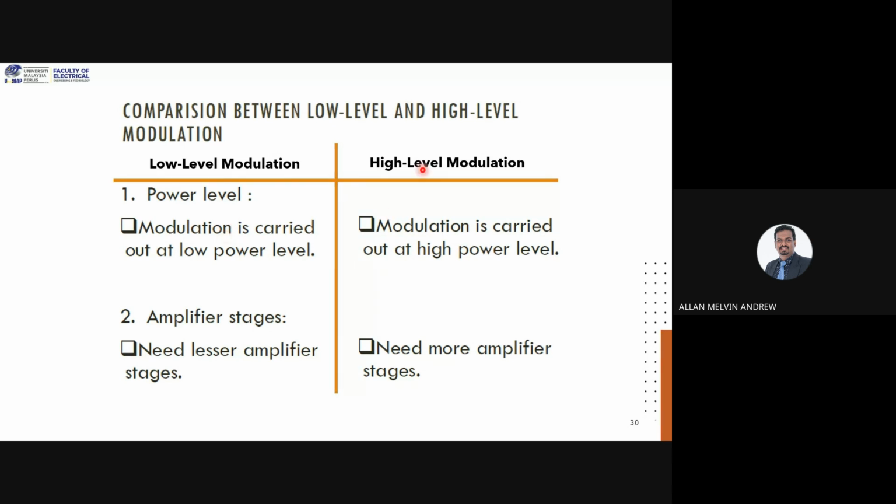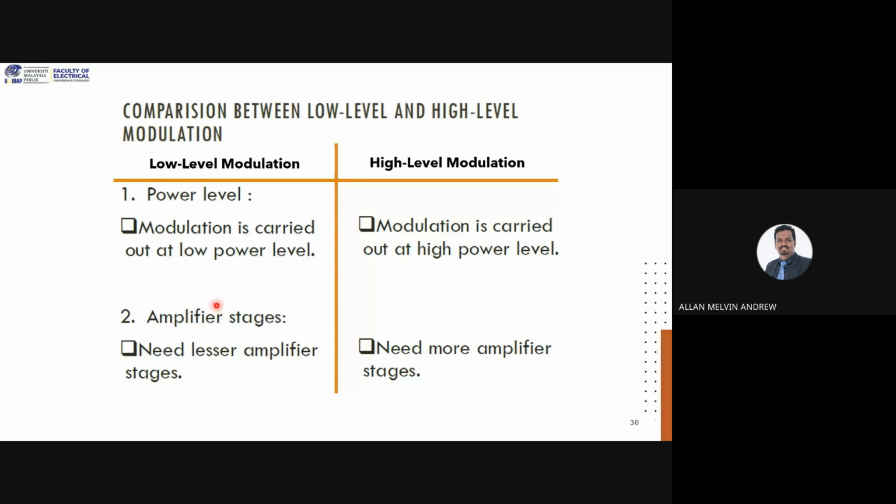Other than that, usually we will go for high level modulation because modulation is carried out at a high power level. Because for most transmission, we need it to be high powered, so we usually go for this unless low level is required.